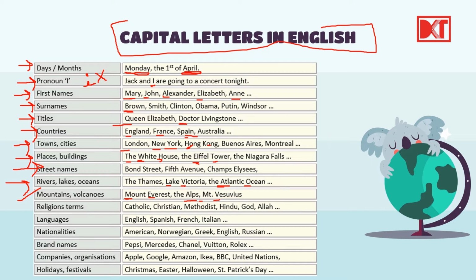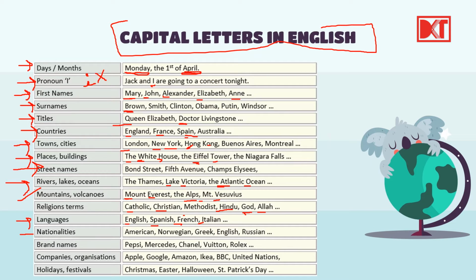Religious terms like Catholic, Christian, Methodist, Hindu, God, Allah, all these first letters are capital. Languages, English is capital. Spanish, French, Italian.